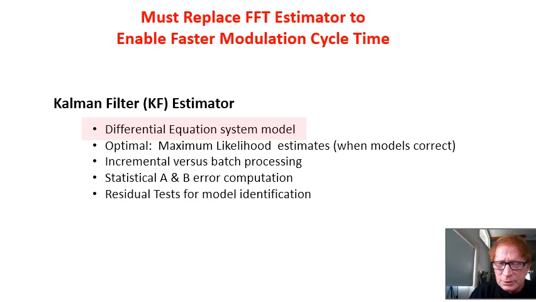The Kalman filter math model can include noises on both the dynamic states as well as the measurements, with zero mean Gaussian noises characterized by their standard deviations. The basic model assumptions for the Kalman filter are identical as for the FFT, with the exception that a broader range of numerical solutions is allowed.